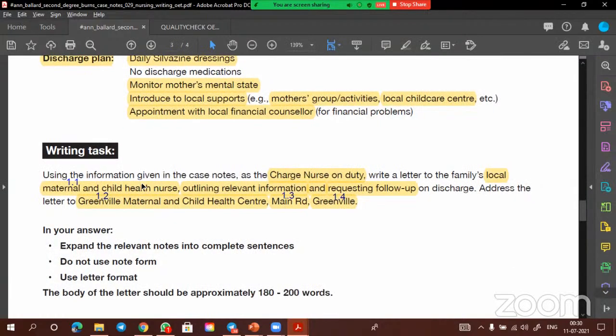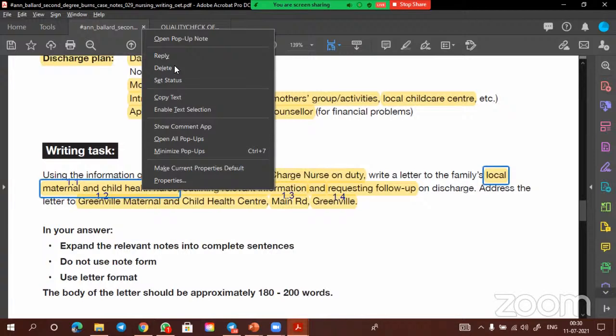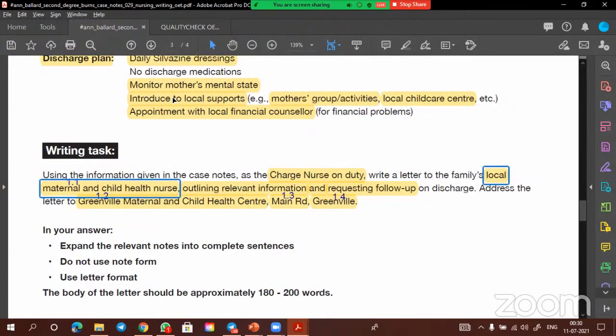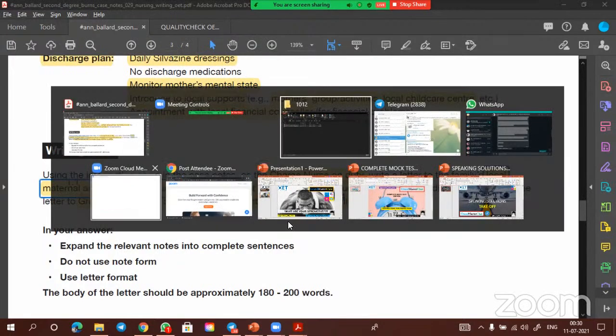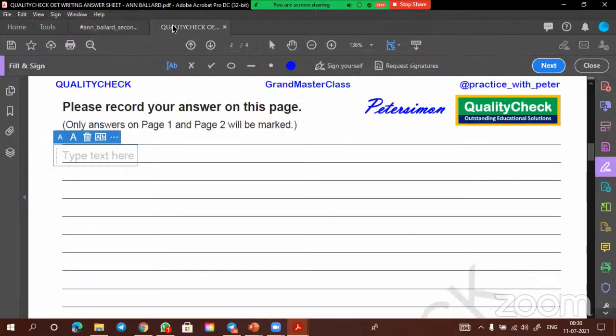Right. Number one. Local is not needed, so removed. Let it be like that.